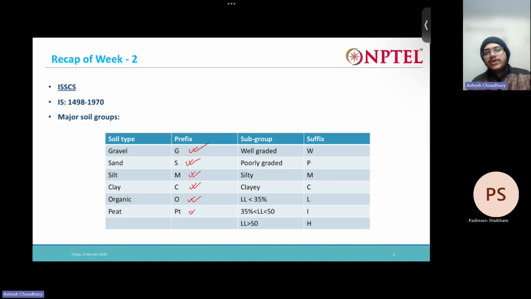The Indian soil classification system classifies the soil with a particular code. That code has two parts, two letters: one is the prefix and one is the suffix. These two letters are used to classify the soil.